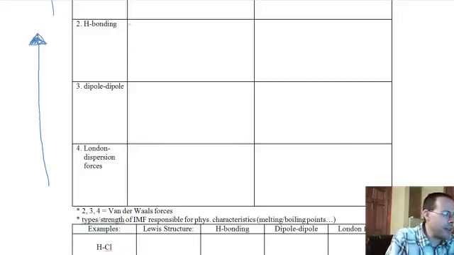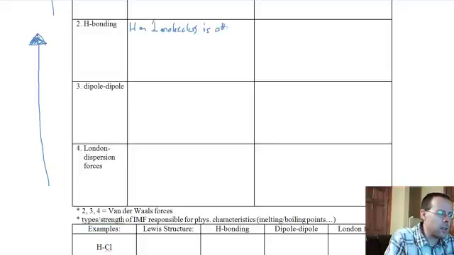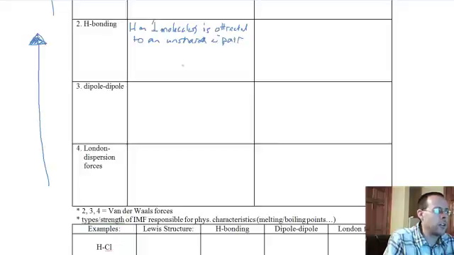But hydrogen bonding we define as the hydrogen on one molecule is attracted to an unshared electron pair on an N, O, or F. Okay?